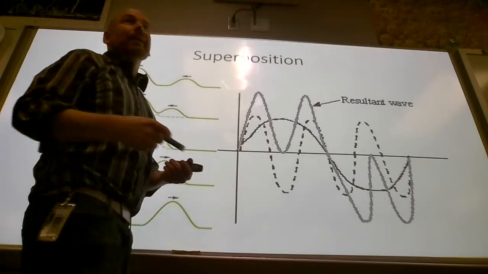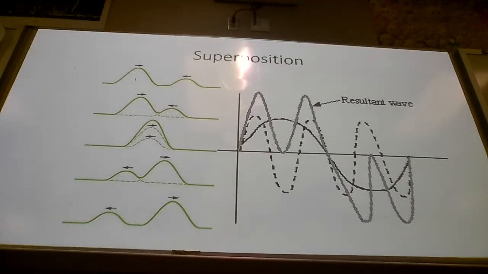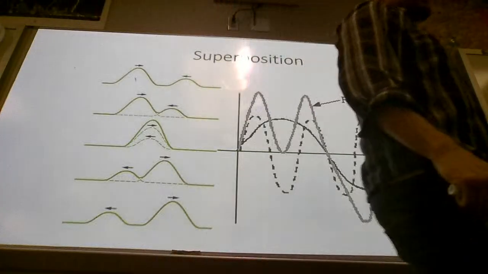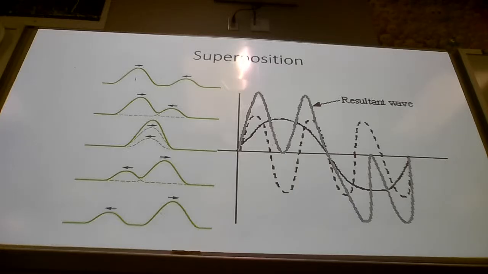All right, so I can get more complicated than that. Let's say I've got a solid black line and then a dashed black line, two overlapping wave patterns. If I add up the amplitudes, I get the gray.